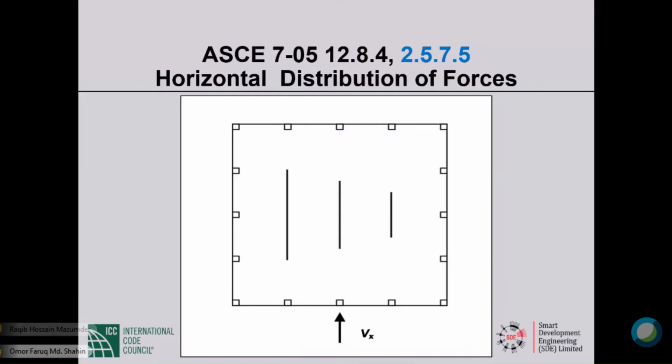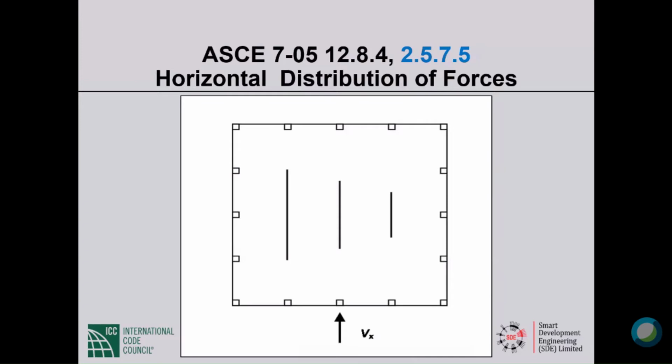Okay, so 2 frames, 3 shear walls, they will share V sub x in proportion to their relative lateral rigidities if the diaphragm itself is rigid. That means the diaphragm, the floor slab acting in plane, does not deflect too much under the lateral forces.